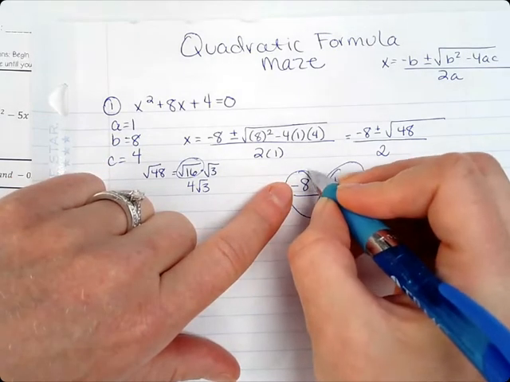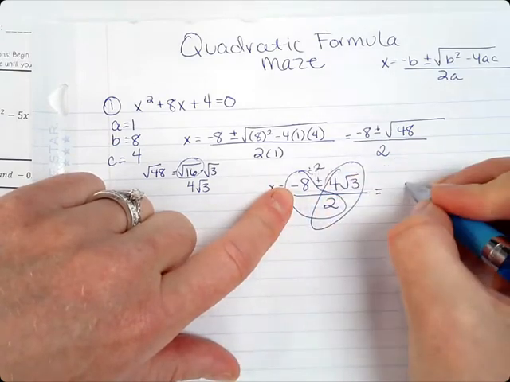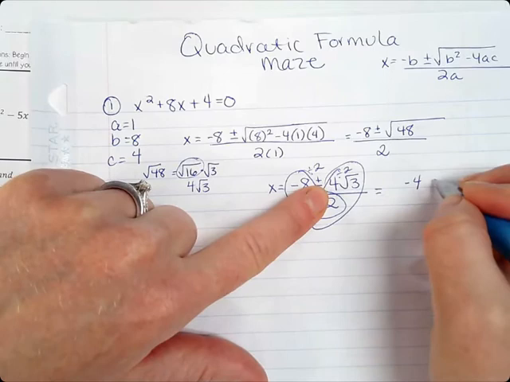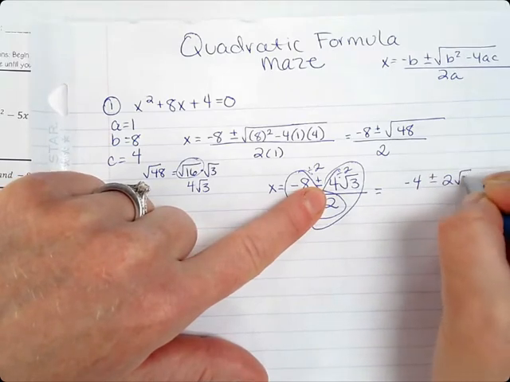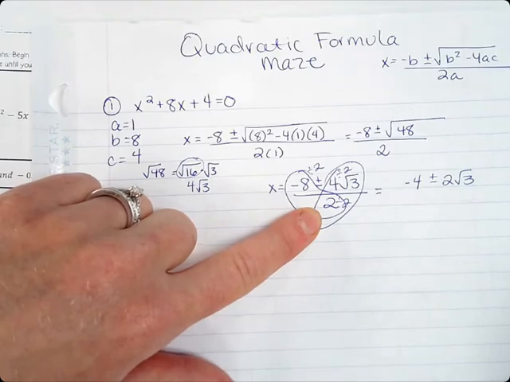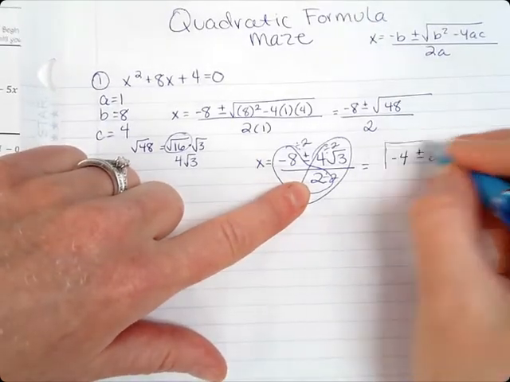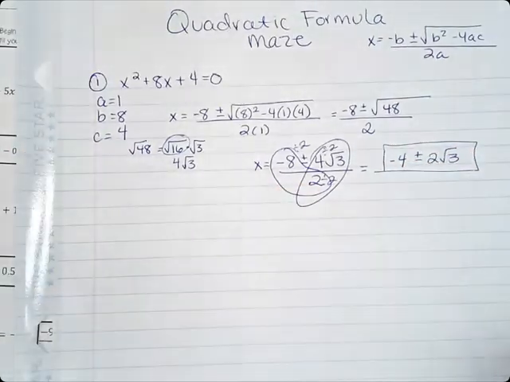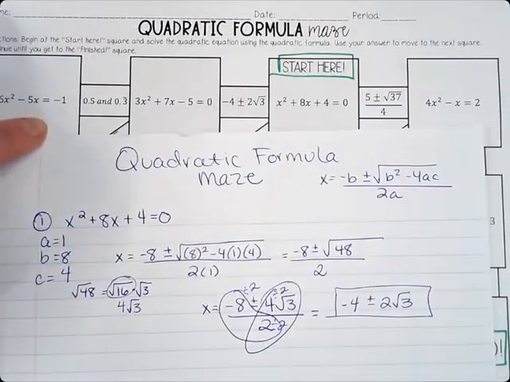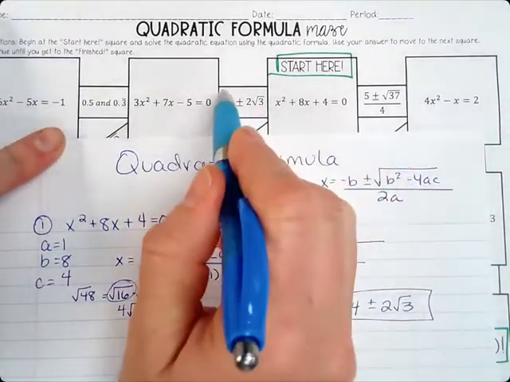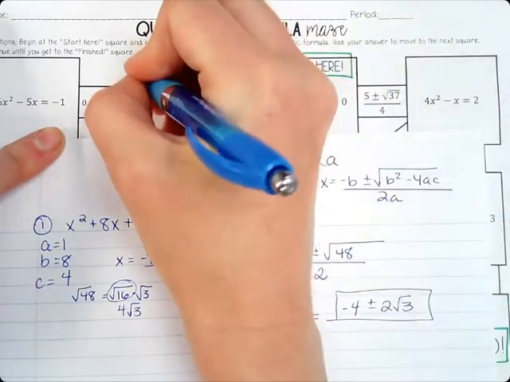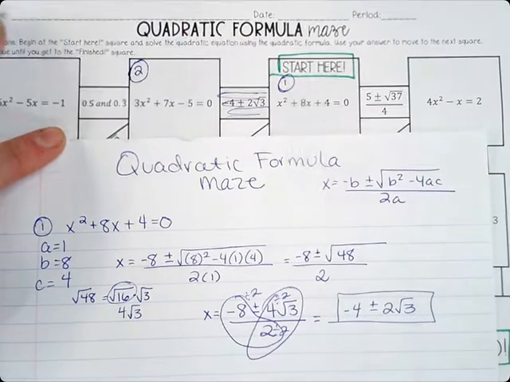So I divide each one by 2. Negative 8 divided by 2 is negative 4, plus or minus 2 square roots of 3. And 2 divided by 2 is 1, so I don't even have to include that. I'm going to write on here, this is number 1, so this is number 2. Go ahead and number the problems.